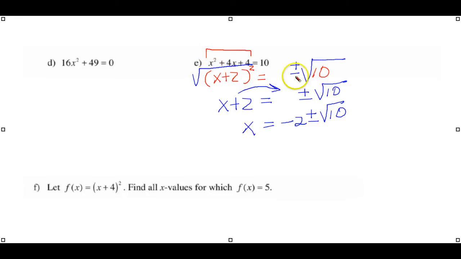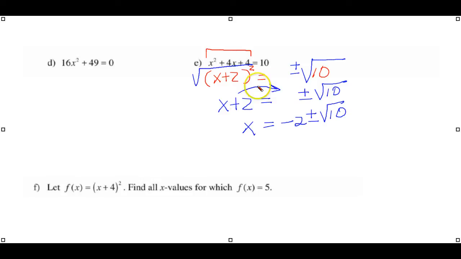Now this is a new type of solution for us, where on this side we ended up with a square of a binomial that we could take the square root of and use this principle of taking the square root of both sides.